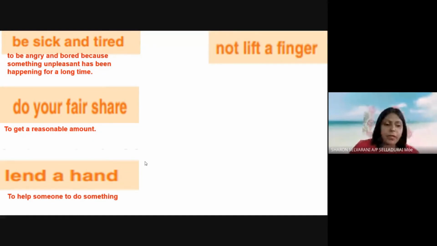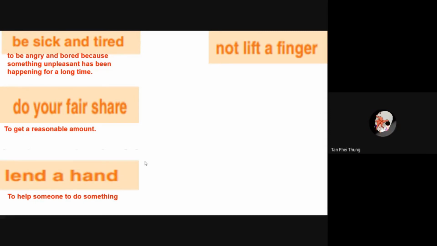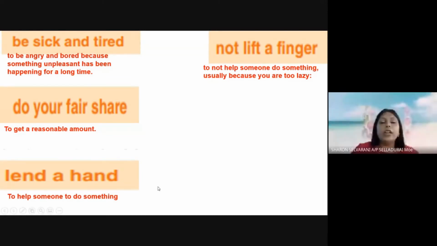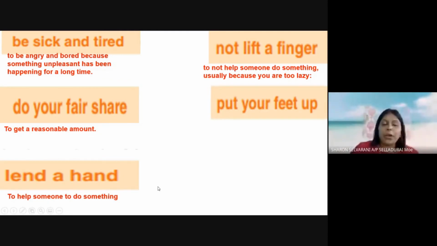Next one. Not lift a finger. Do nothing. Okay, to not help someone to do something, usually because you are too lazy. All right. Next one. Put your feet up.